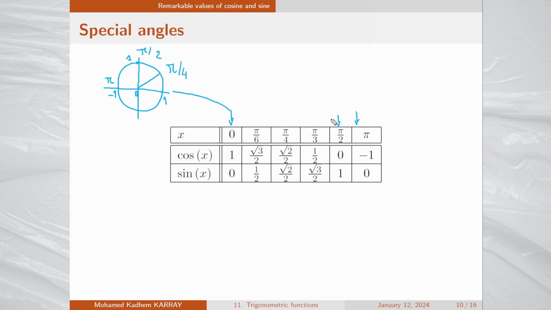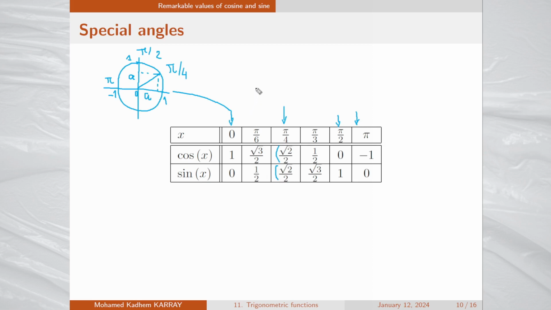This angle has the property that its cosine value and its sine value are equal. So my figure is not completely correct, but this value here a is the same as this value here a. Since a squared plus a squared equals 1, the value of a is necessarily equal to square root of 2 divided by 2. And you see that these two values are equal.